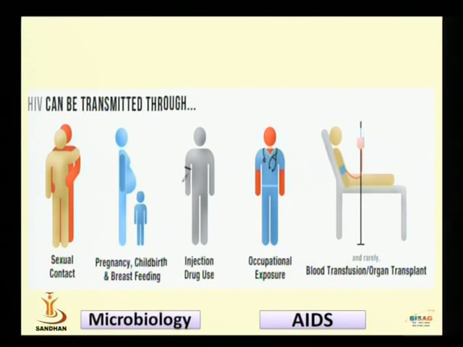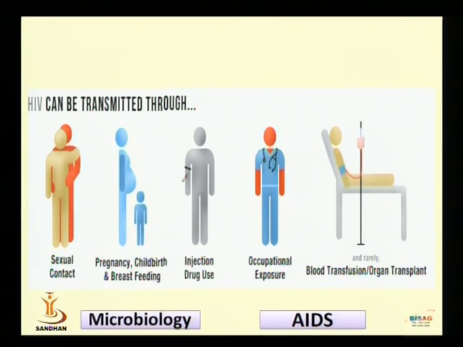Then we have an occupational exposure. Occupational exposure in few incidences have been reported to transmit the AIDS, because when a doctor or a social worker is dealing with an infected individual, specifically doctors and surgeons, it is an occupational exposure to them.